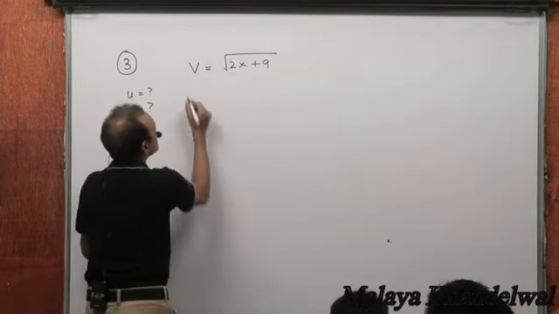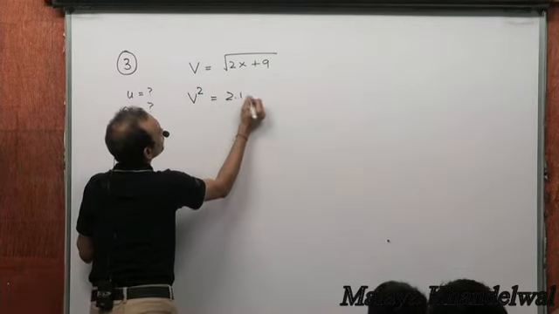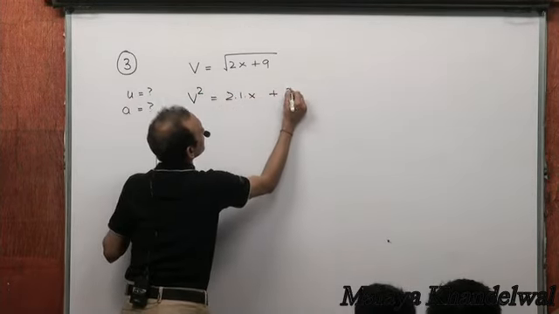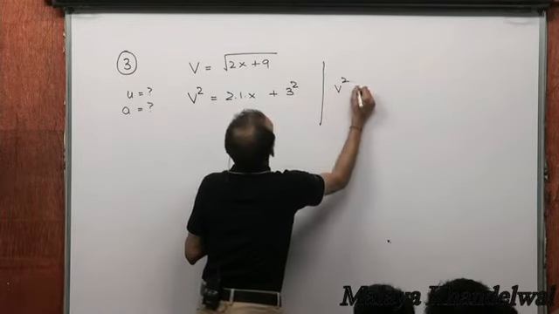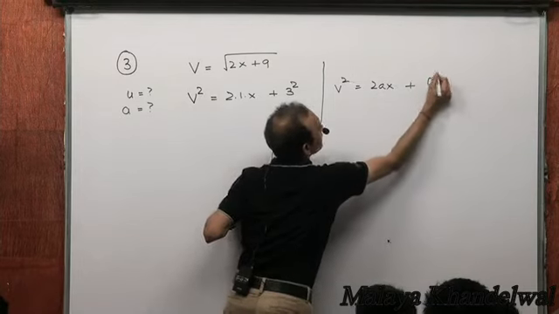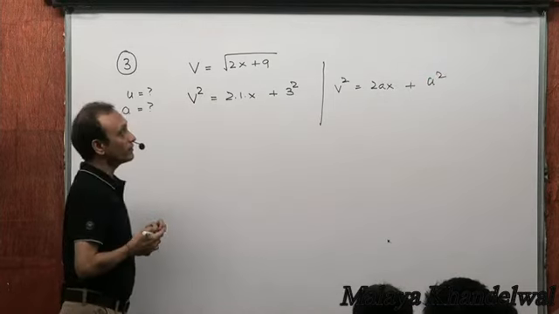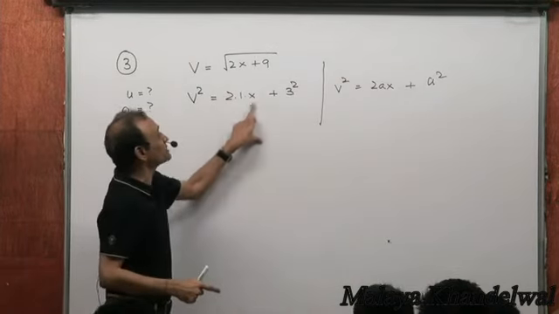So now this, if you realize, is v squared is 2 into 1 into x plus 9. Yes or no? Compare it with this equation: v squared is 2ax plus u squared. Does it resemble v squared is u squared plus 2ax?